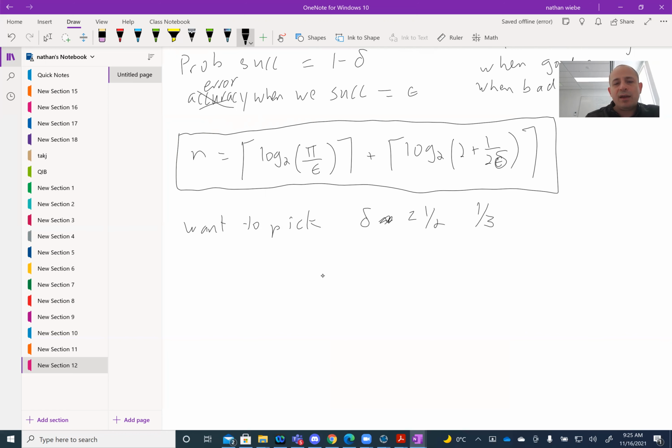The reason why is that the cost of phase estimation is in order 2 to the n, which means that if we plug all of this in, this is in order 1 over epsilon delta. So if we want a very small probability of failure using this formula, the cost is enormous.